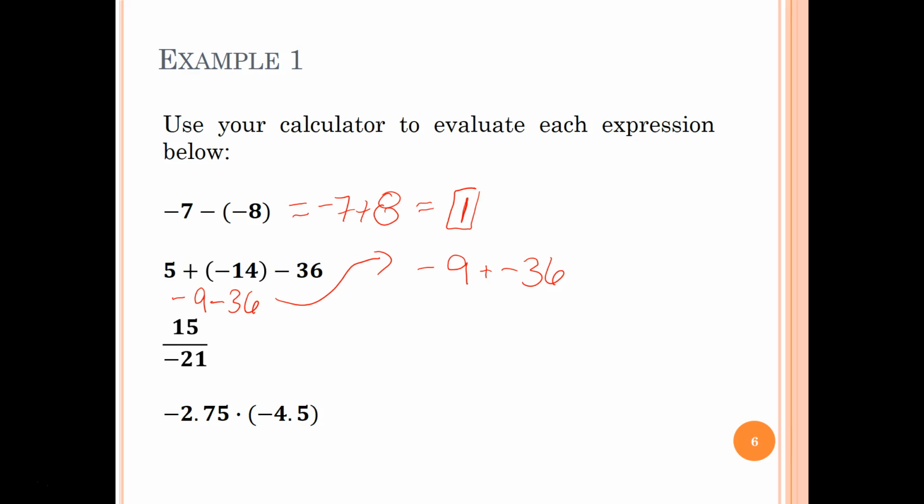All we're really doing is looking to see whether we have same signs or different signs and going right to our add rules. Since they're the same sign, 9 plus 36 is 45, and we're going to keep that sign that we worked with. So our final answer here would be negative 45.